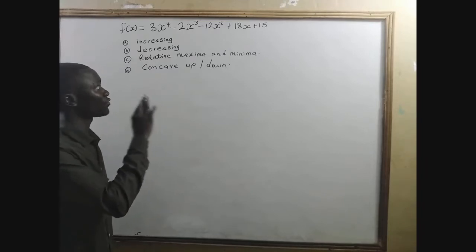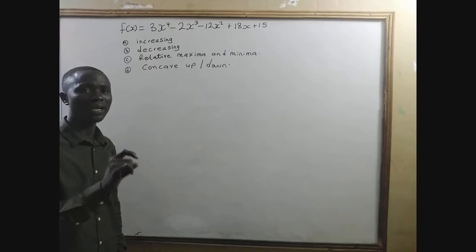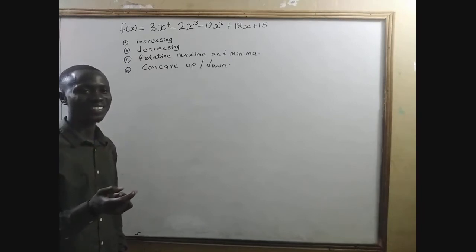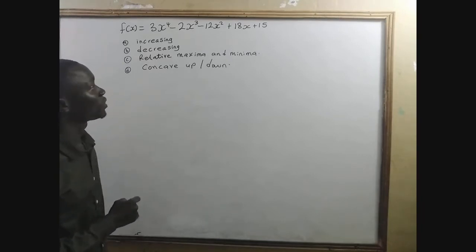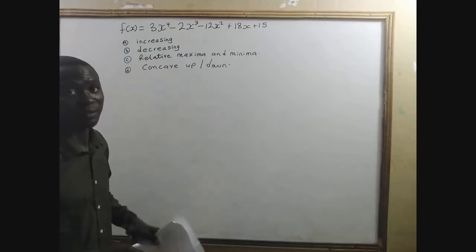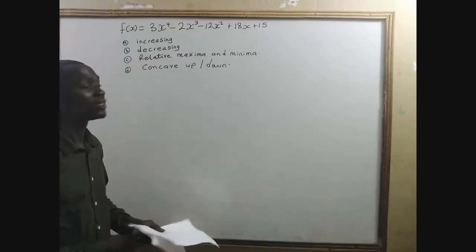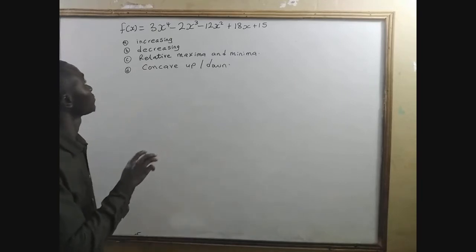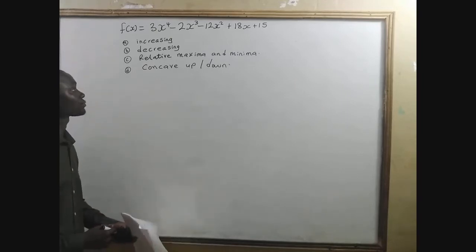The function that we have on the board is a polynomial function, and it is not a rational function because it is not a over b. Okay, so let's see what happens.